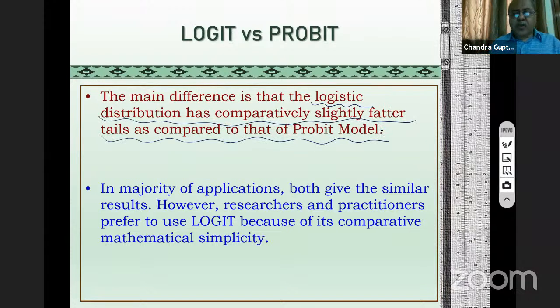Most of the time, both give you the same result. We hardly find any contradiction, but majority of the time you will find people prefer to use a logit model because of its comparative mathematical simplicity.